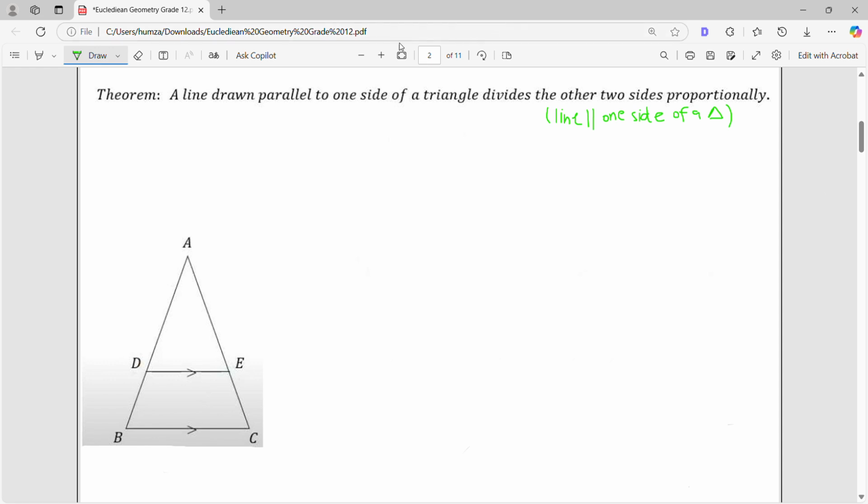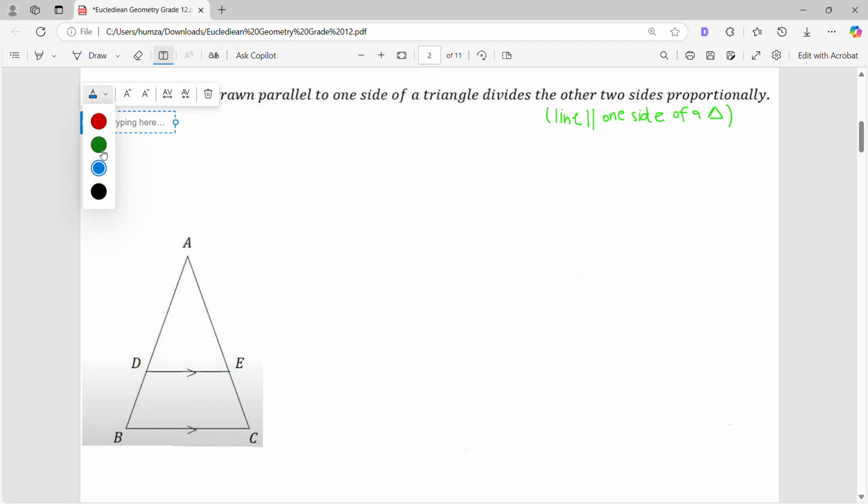The given information here is: given in triangle ABC, D lies on AB.